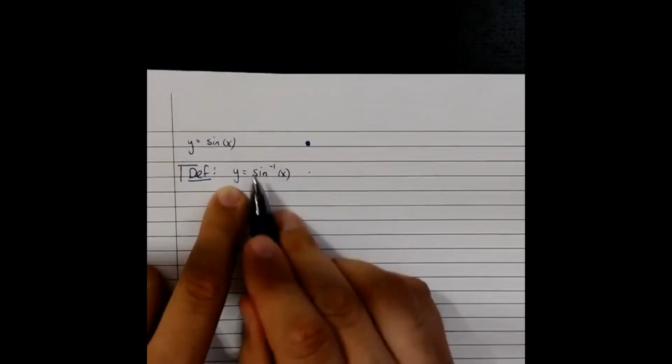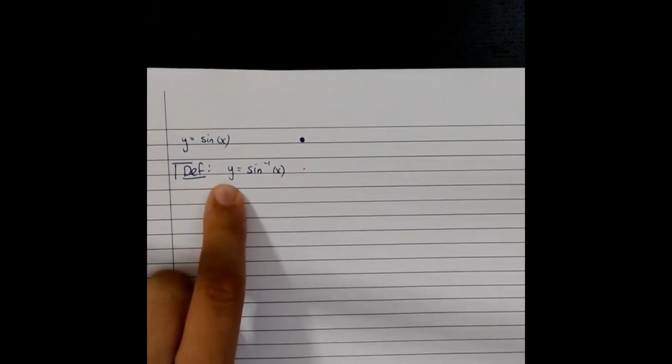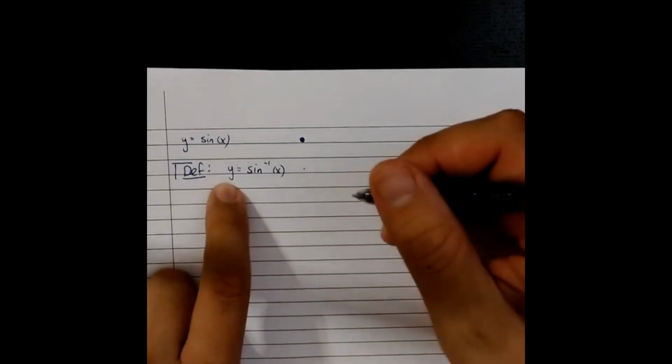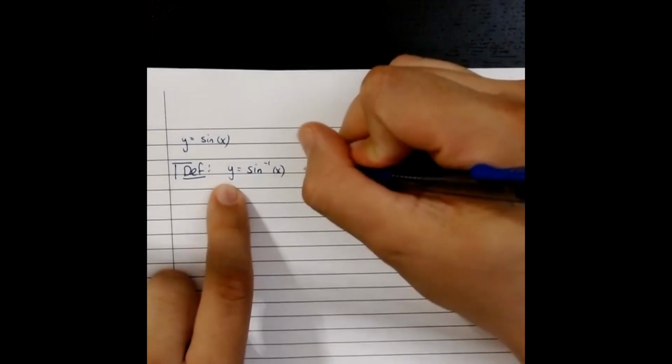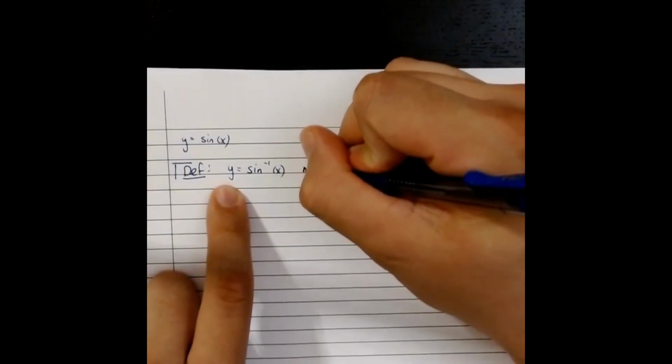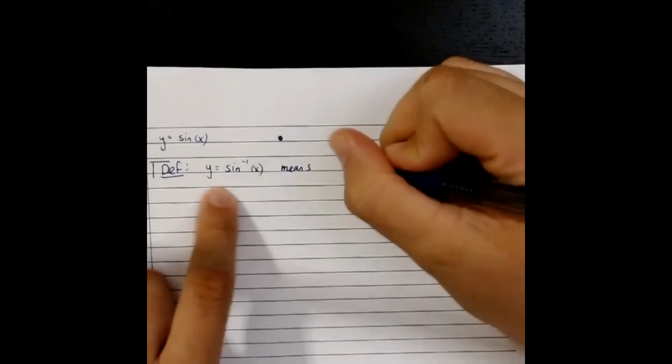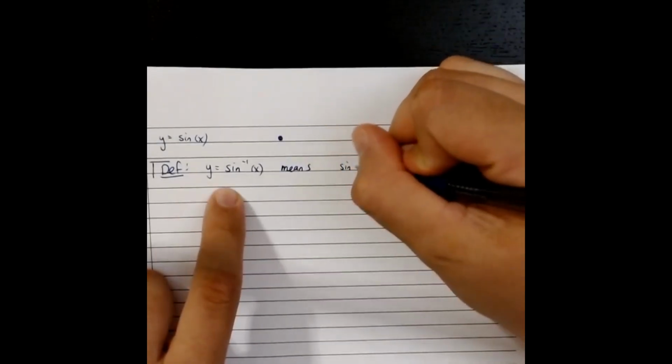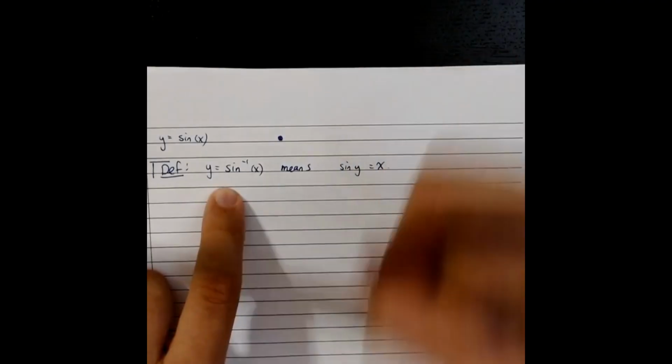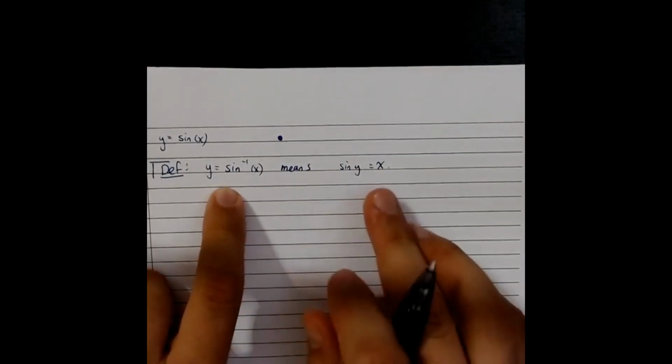I'm going to define it using this notation, but then at the end we'll come back and remind ourselves of the other notation. So y equals sine inverse of x means that the sine of y is equal to x. Now, of course, this is restricted.